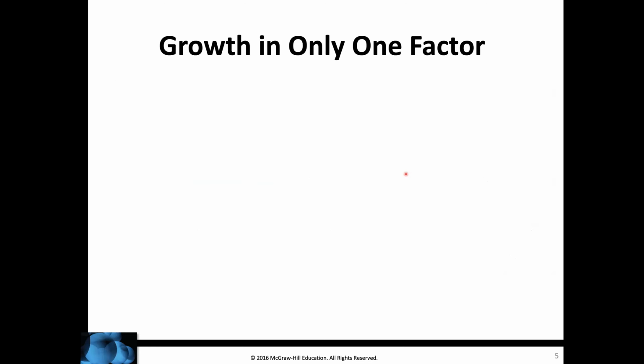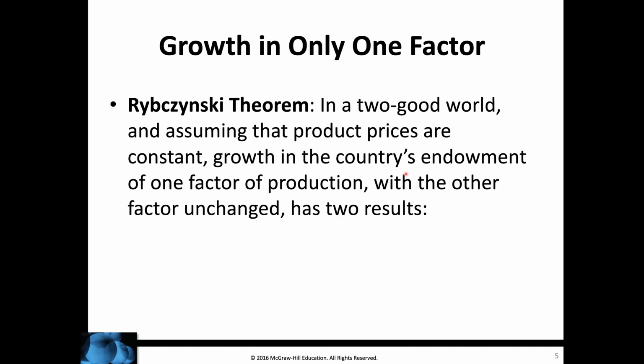So what if we see growth in only one factor? We're going to introduce the Rybczynski theorem. In a two-good world, which is what we're looking at with our example between wheat and cloth, and assuming that product prices are constant, so we don't see increase or decrease in the price of these products, just an increase in the potential production of each product or the production possibility.